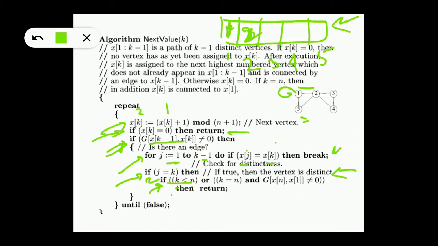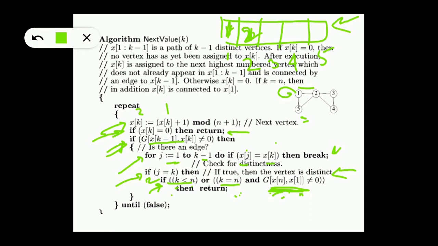if this condition is false, that is 2 is less than n is false, and let's say k is equal to n, that is the vertex that we have found tends to be the last vertex in the graph, then we also check to see that in the adjacency matrix, do we have an edge from x of n, that is the last vertex, to x of 1, that is the first vertex in the solution vector, right?